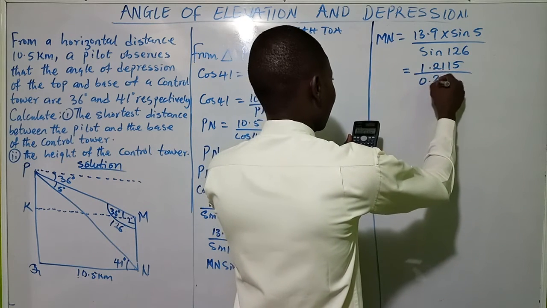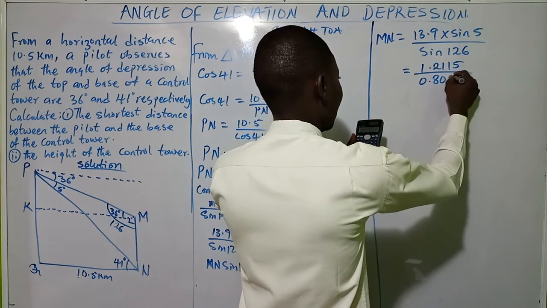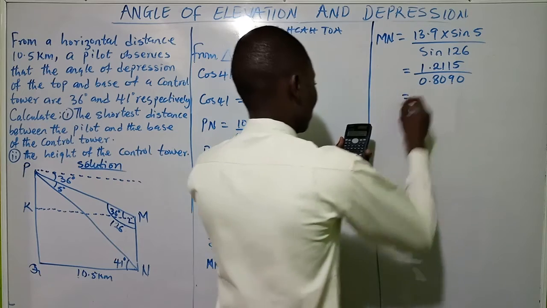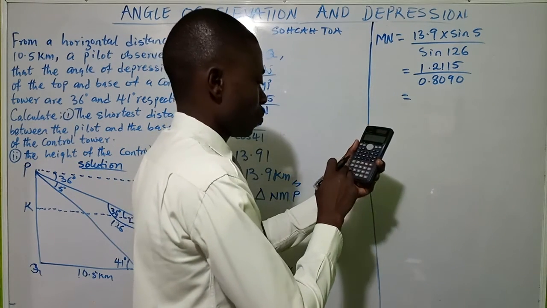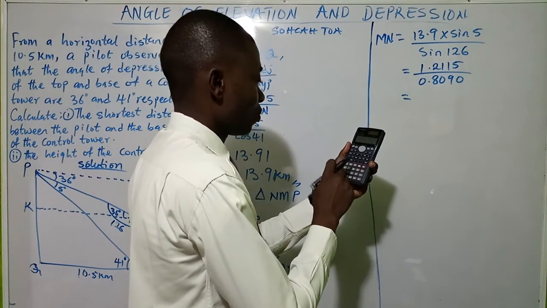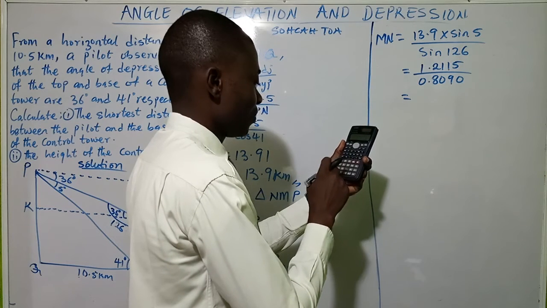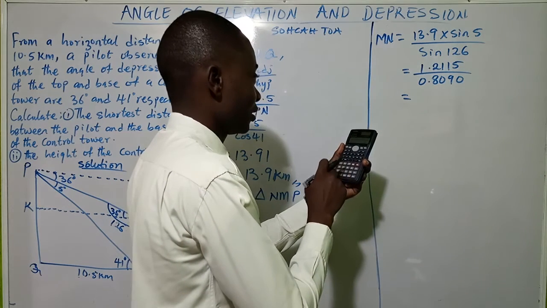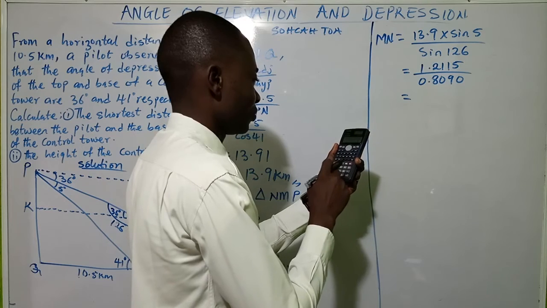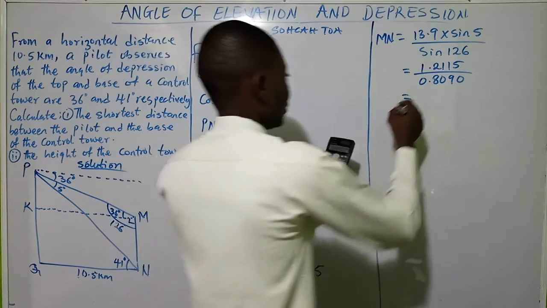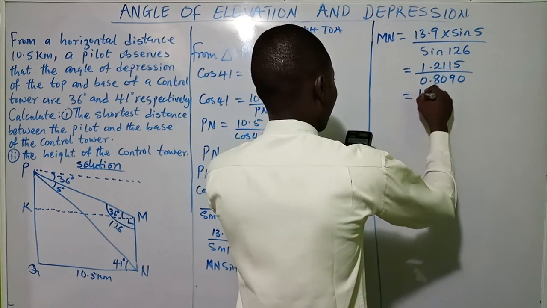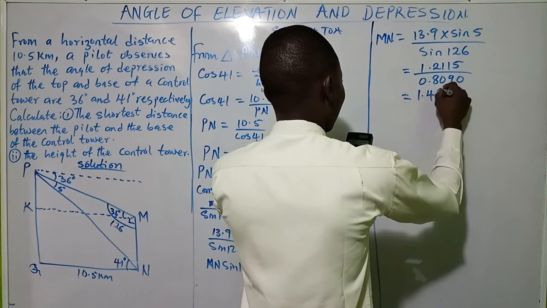That is 0.8090. So that will be 1.2115 divided by 0.8090. So this gives us 1.49.